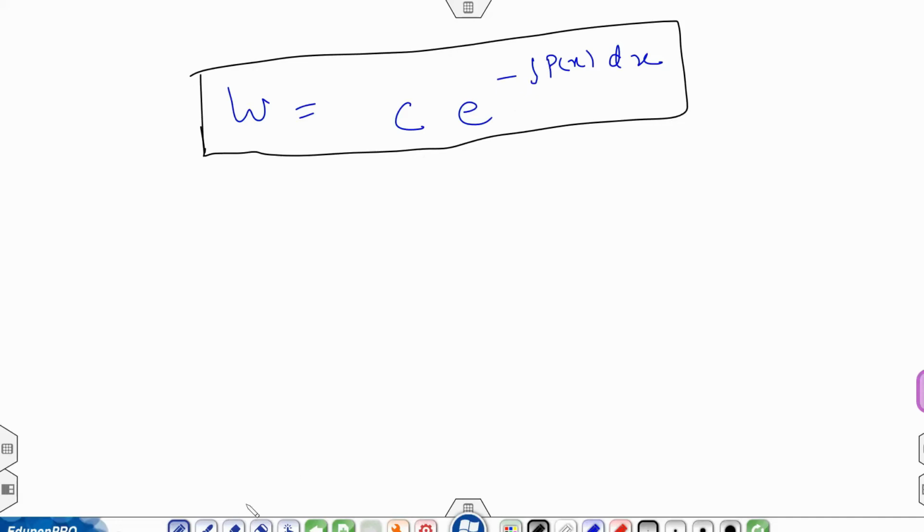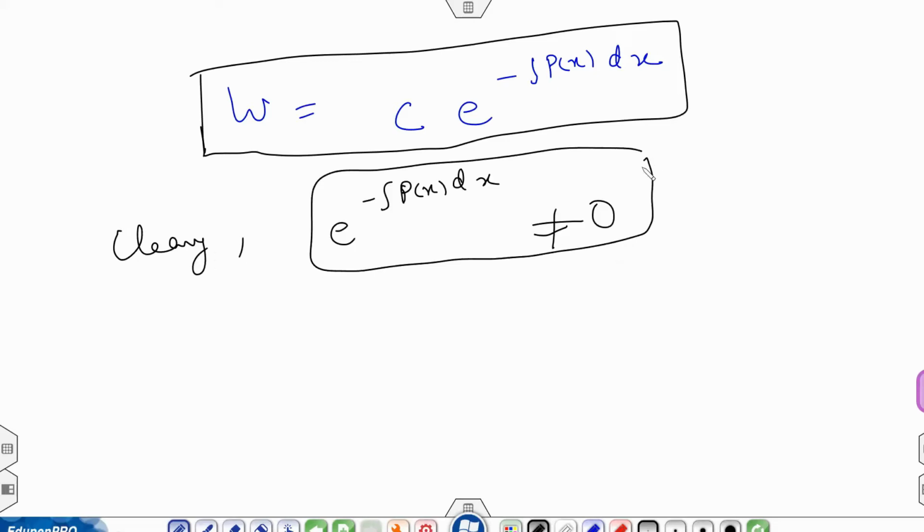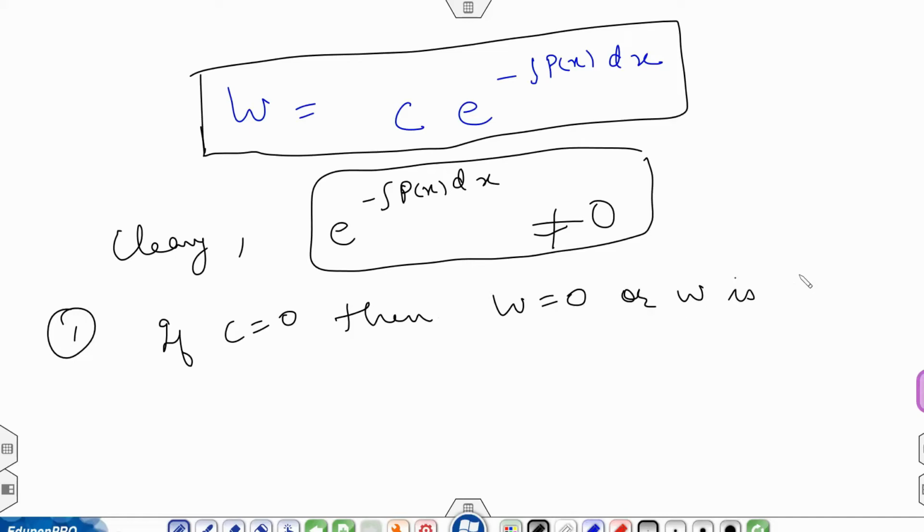So you can easily see that this term is never 0. So what is the case? The case is whether c is 0 or c is not equal to 0. If c is equal to 0, then W is identically 0 for every x belonging to [a, b].